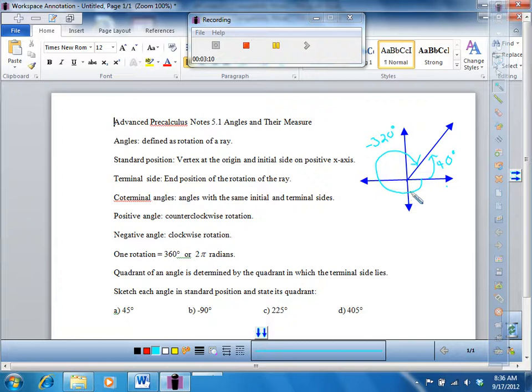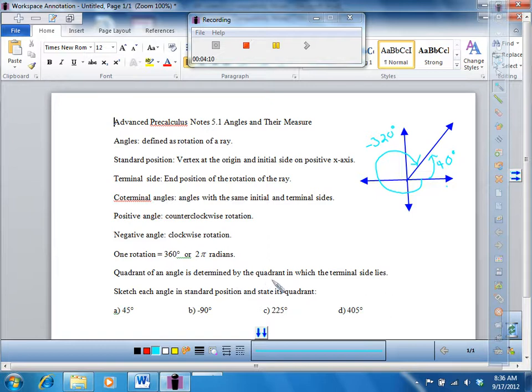And one rotation around the circle is 360 degrees, or 2 pi radians. Okay? Radians are just another way to measure angles in a circle, and they work out very nicely for doing trig problems. Okay, so it's just like you can measure things in centimeters or inches. You can measure angles in radians or degrees.